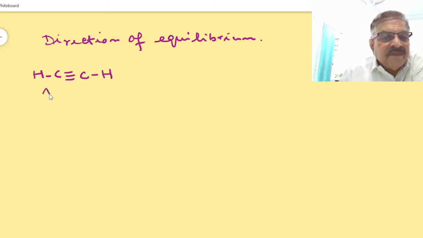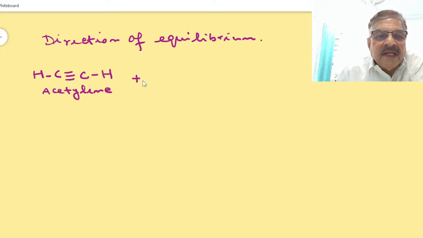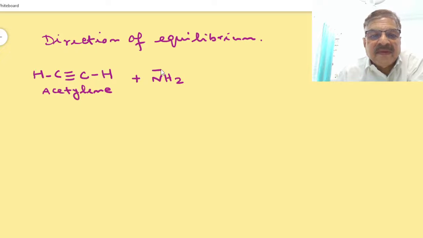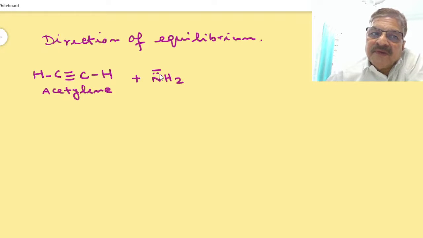A reaction between these two species here, we can put a lone pair. We are asked to determine the direction of equilibrium when acetylene reacts with an amide anion in a proton transfer reaction.